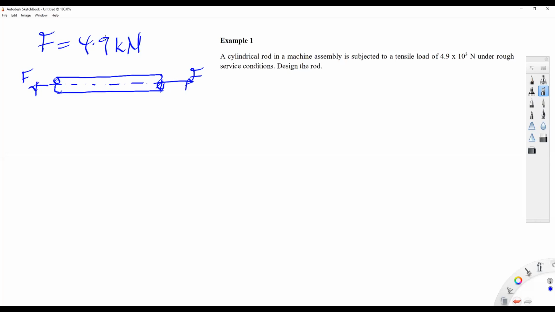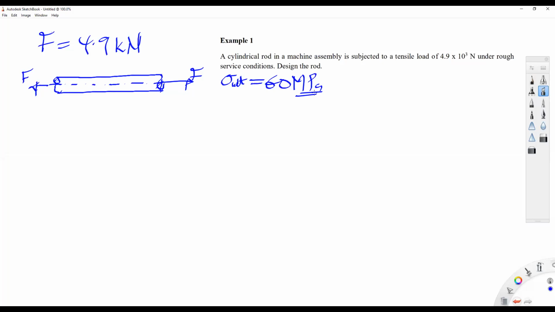So if we assume that sigma ultimate is equal to, say, 60 megapascals, in this case, we need to determine the allowable stress.